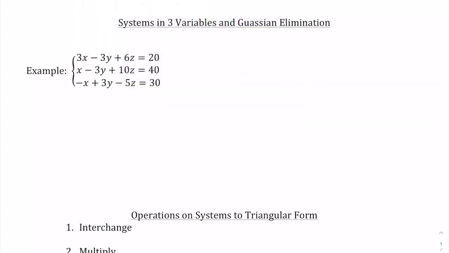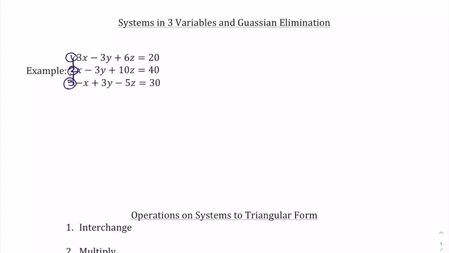So I'm going to number these 1, 2, and 3 so that you can kind of follow along. When I'm doing just a system in 3 variables, I don't have to think about a certain process. I just think about, can I start to eliminate variables?